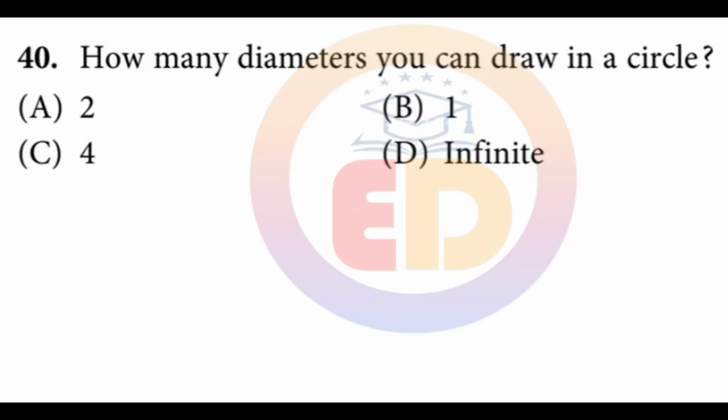Question says how many diameters can you draw in a circle? We know that in a circle there are an infinite number of points, and an infinite number of points will have an infinite number of opposite points also.